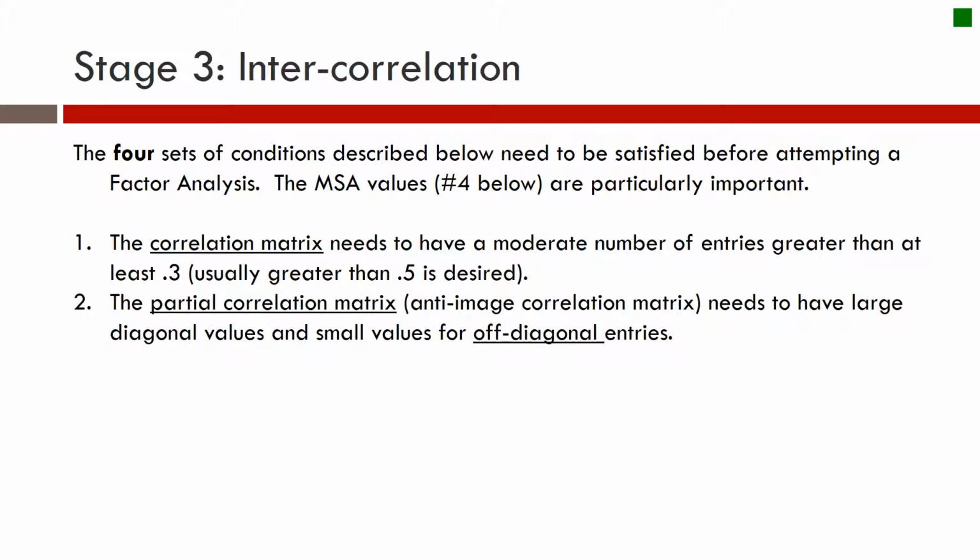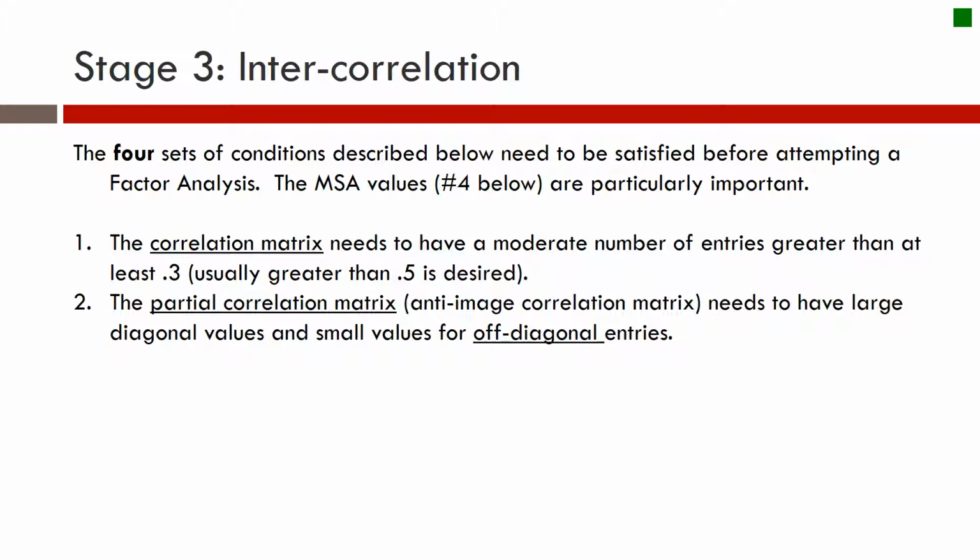Second thing you can do is look at the anti-image correlation matrix or the partial correlation matrix. In your statistical software, if you call for the partial correlation matrix, what you're going to look for is the diagonal scores, which should all be high. If you have a matrix and you look at the diagonals, it would be the boxes where the variables are the same.